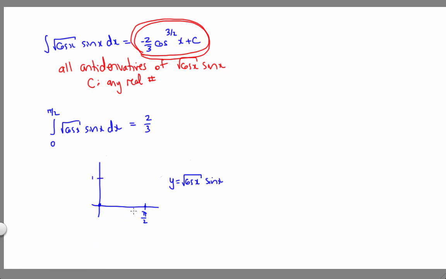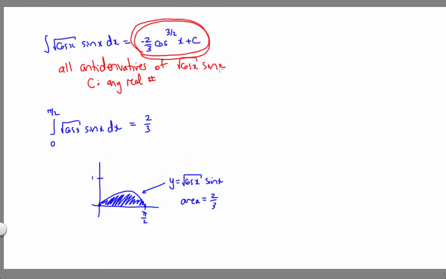Let's say that's the y value 1. Just very roughly, this function is going to look like this. Something like that. And what our definite integral is telling us is that if we calculate the area under the function from 0 to pi over 2, that area is going to be 2/3.